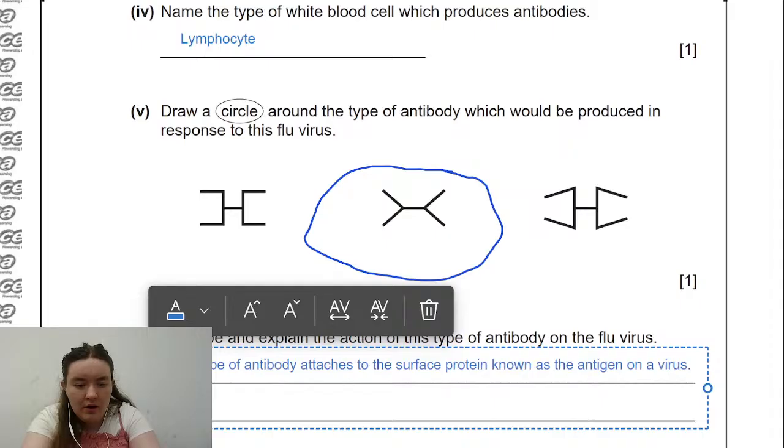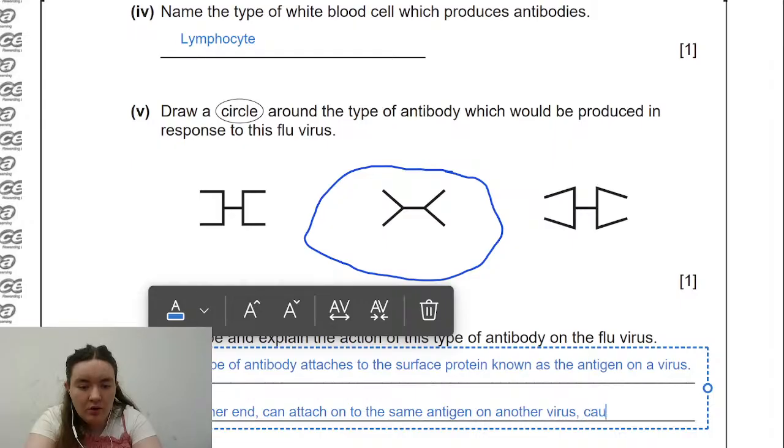The other end can attach on to the same antigen on another virus, causing them to stick together.